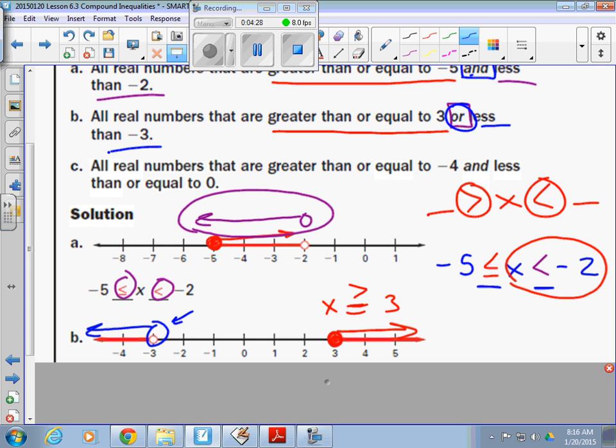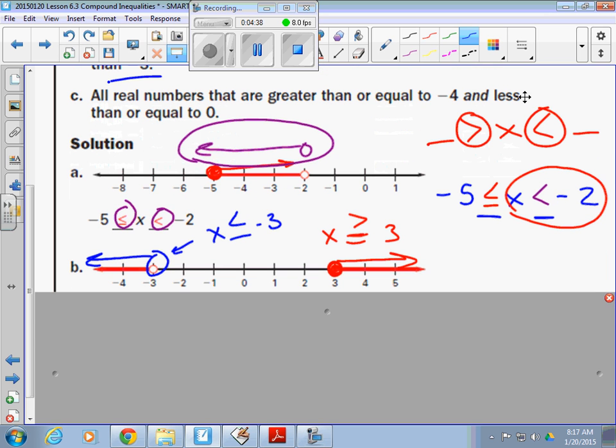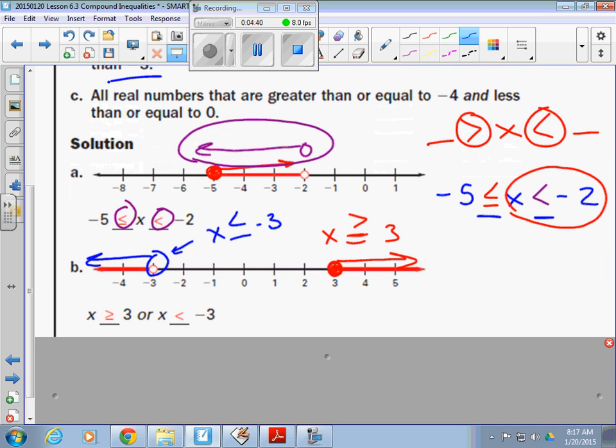That one. We know x is something -3. We know it's less than because it's pointing that way, and it's not or equal to because it's not colored in. So when you write it, notice it's written as two separate inequalities: x is greater than or equal to 3, or x is less than -3. When you have an or inequality, you write it as two separate inequalities with the word or in between.